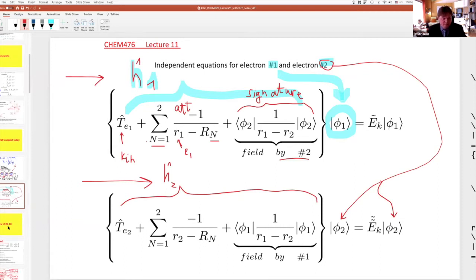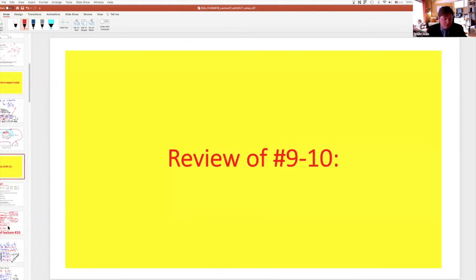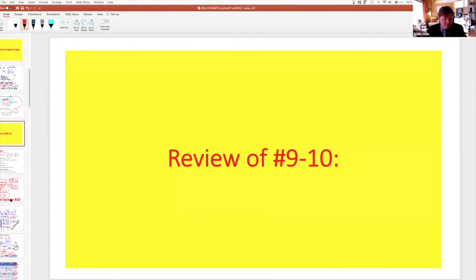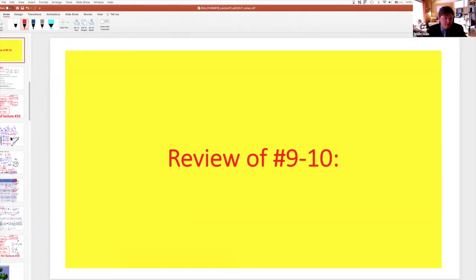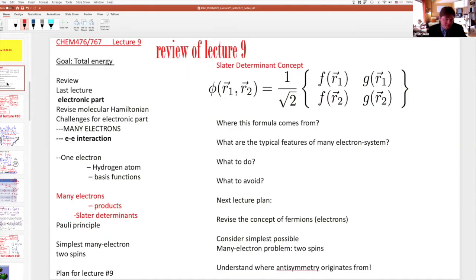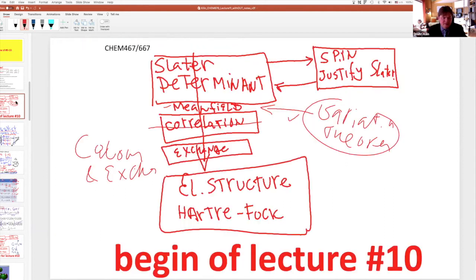Okay. So now a very brief overview of what we did in previous lectures. We all agreed about the Slater determinant shape. Our plan is to get the Hartree-Fock equations, and right now we are at the stage of learning mean field.